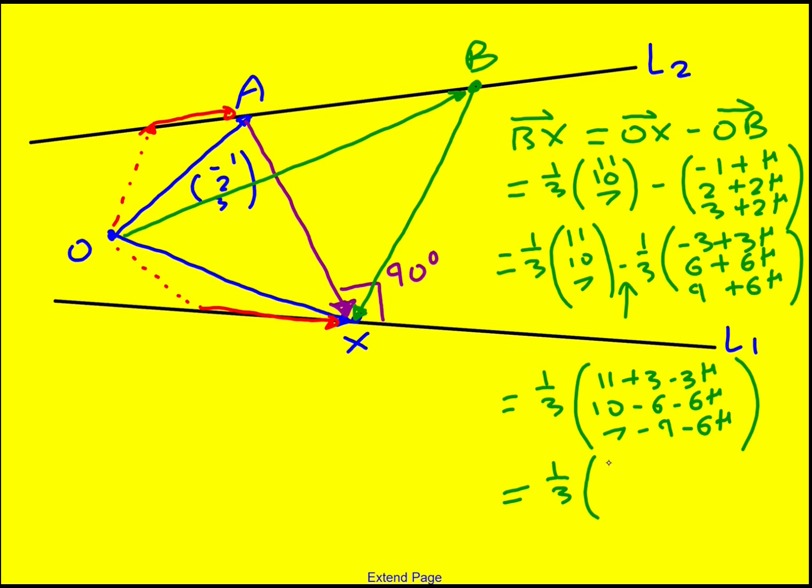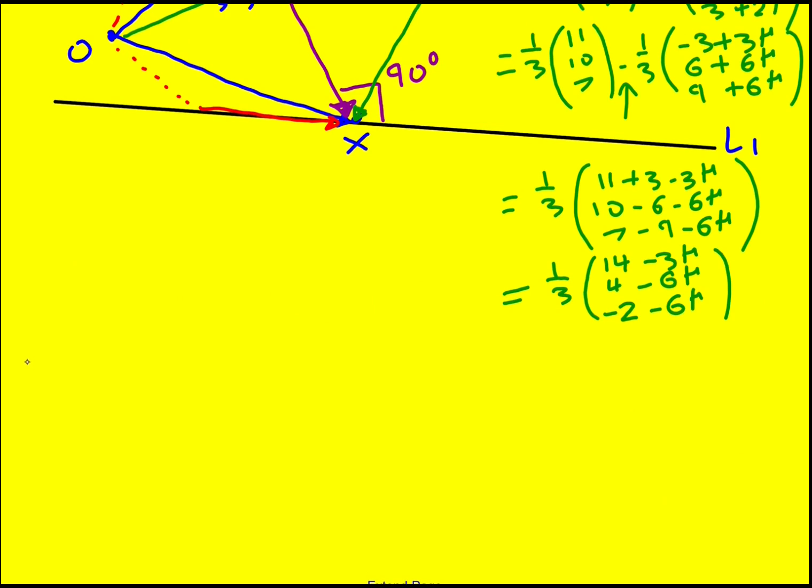Gives a third, (14 minus 3 mu, 4 minus 6 mu, minus 2 minus 6 mu). And remember, I know that BX squared is going to equal 24. Okay.